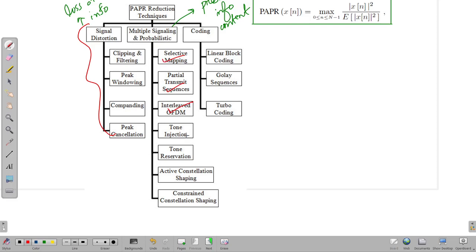There are also other methods like tone injection, tone reservation, active constellation shaping, and constrained constellation shaping, which try to give some modification to the original constellation and reduce PAPR in that manner. So we'll study such methods: tone injection, TI, tone reservation, TR, active constellation shaping, ACS, and constrained constellation shaping, CCS, in the next class. Thank you very much.